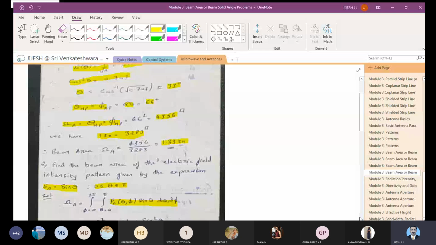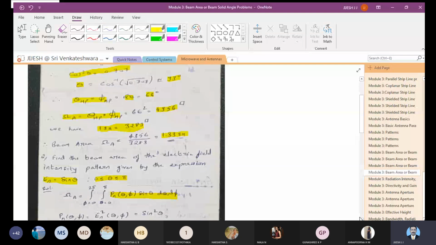Here, as I have told you, Pn theta phi is En squared theta phi. So it will be sine squared theta. Substitute sine squared theta, and it will be sine cube theta d phi.